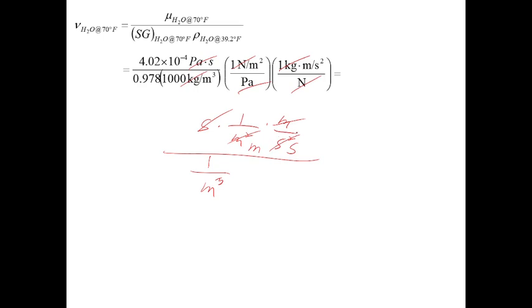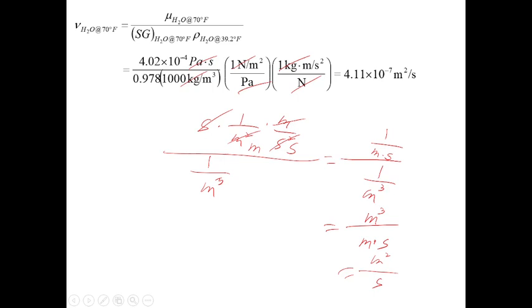Meter squared, meter na lang. So, matitira 1 over meter times second, and 1 over meter cube. So, yung 1 over meter cube magiging meter cube over meter times second. Tataas siya by loss of fraction. So, magiging square meter per second. Yun ang unit. Square meter per second. 4.11 times 10 to the negative 7 square meter per second.